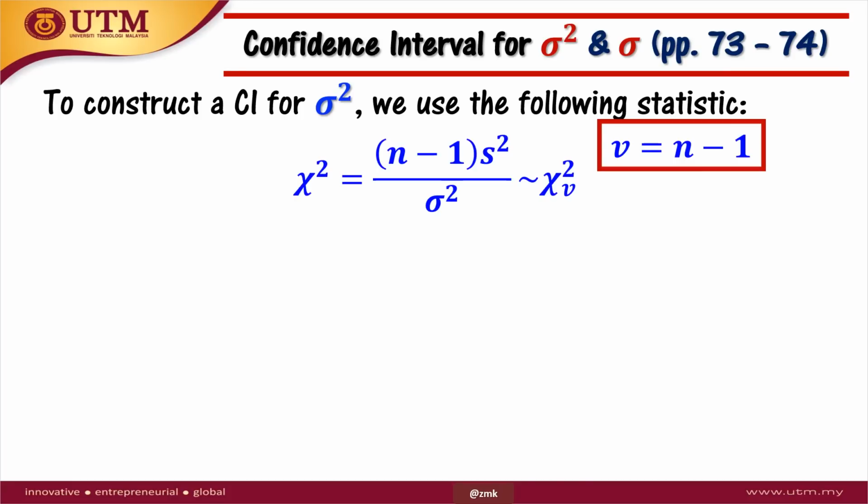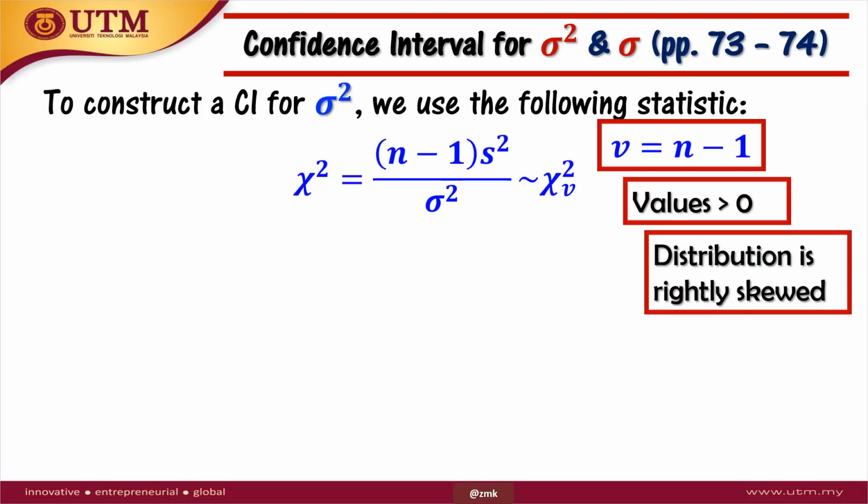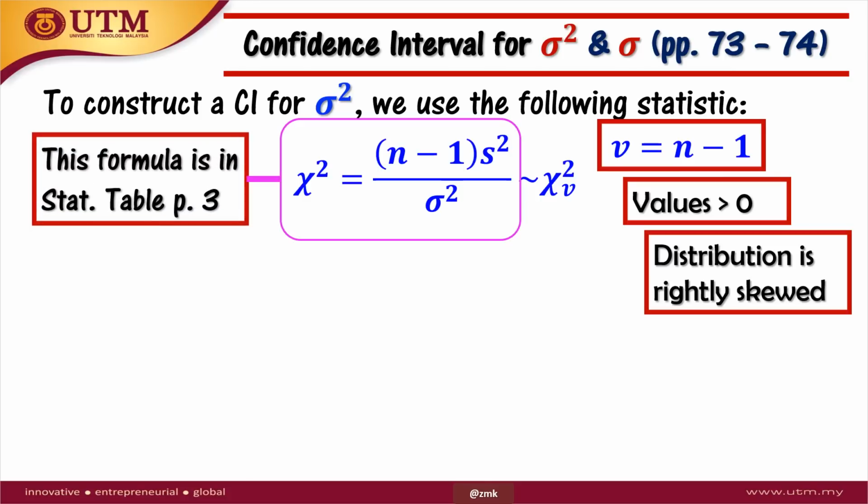Note that the chi-squared values are non-negative and its distribution is rightly skewed. Obviously, the chi-squared distribution is not symmetric like Z or T distribution. Now this formula, chi-squared equals n minus 1 times S squared divided by sigma squared, is available in the stat table and formula booklet, page 3.